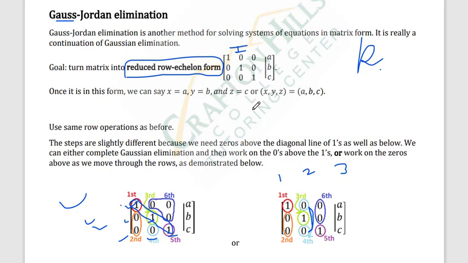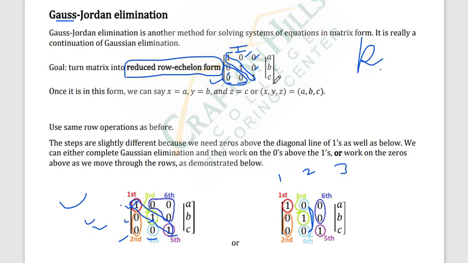It is the same as Gaussian elimination, but they have included some steps so that it becomes an identity matrix. Already in Gaussian elimination we made these three elements 0, but now in Gauss-Jordan we also have to make this element 0, and these three elements we have to transform into 0.